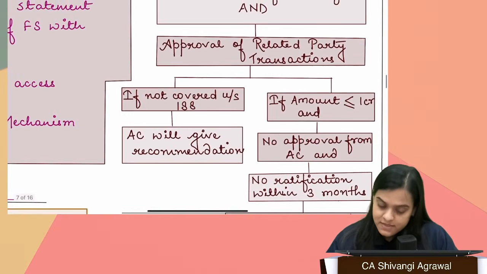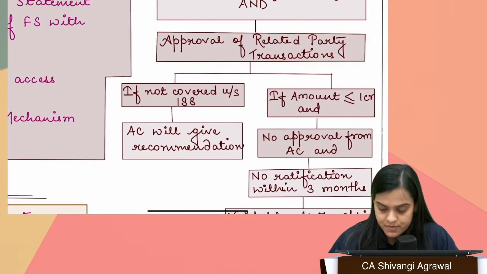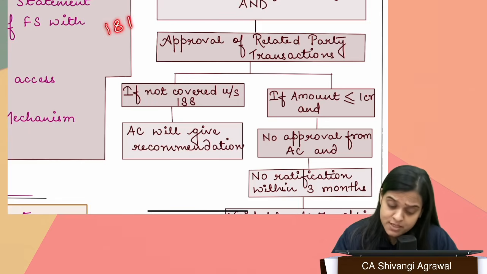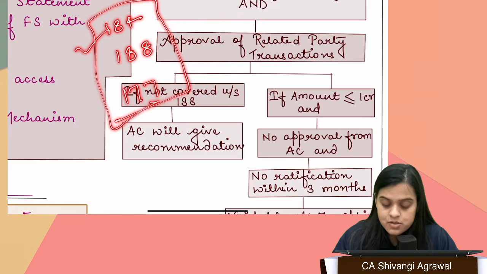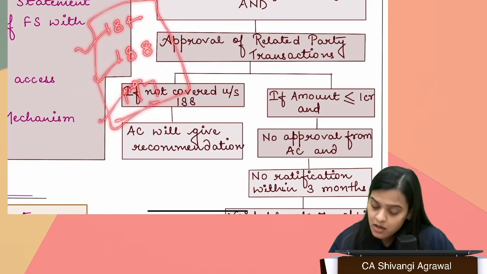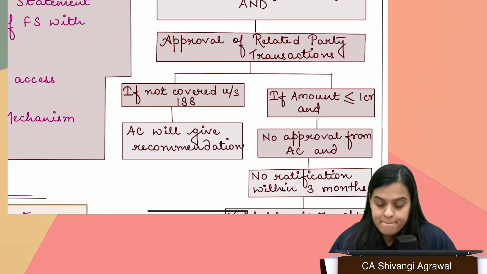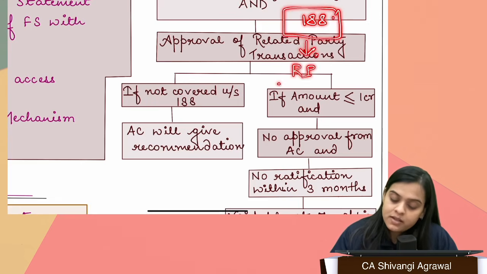Now, when I have said you approve related party transactions, what are they? You have section 184, you have section 188, you have section 177. These are the three sections where you relate to this. What are they? Section 188 tells us what are related party transactions.